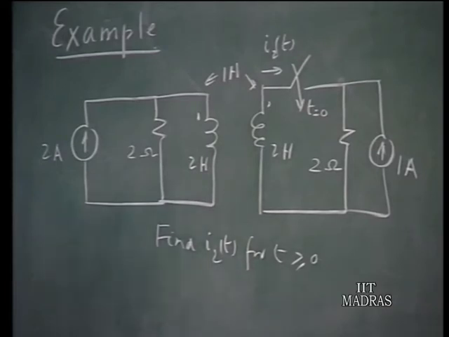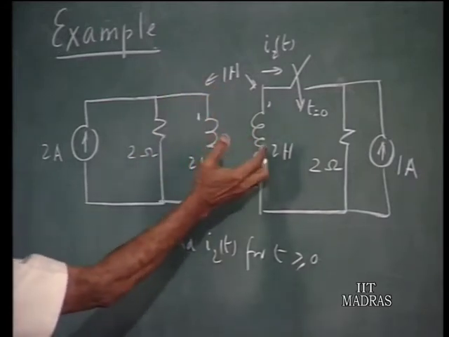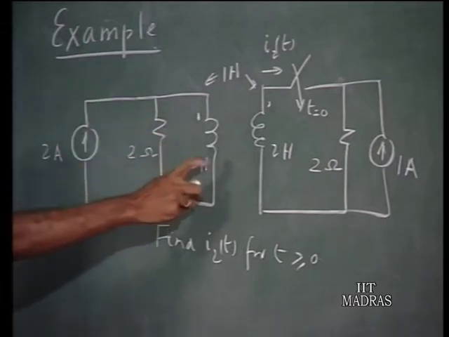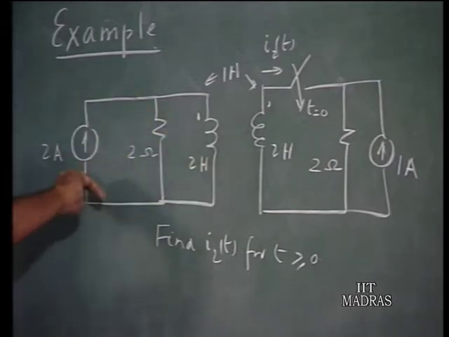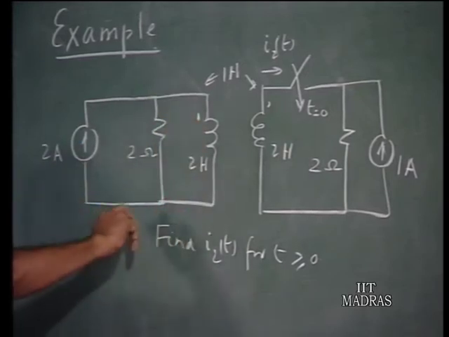As far as this inductor is concerned, it does not carry any initial current at t equals 0 because the switch is open. Therefore, if we call the current here rho 2, it is 0. As far as the first inductor is concerned, this 2 ampere DC current source flows entirely through this inductance because under steady state the voltage here is 0.